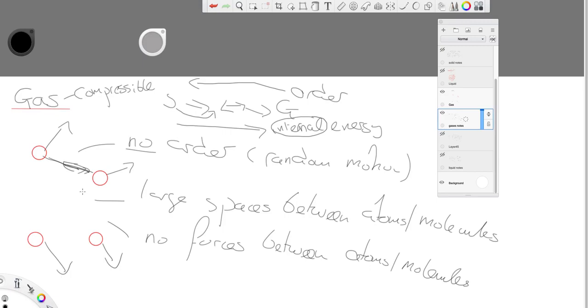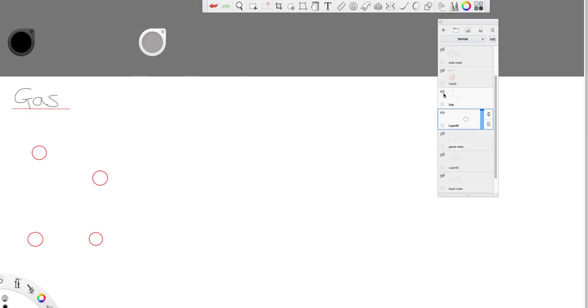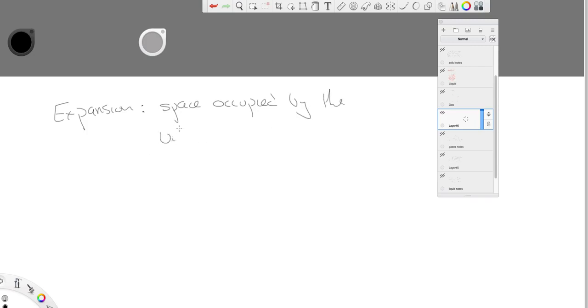Now, another point occurs to me. When we talk about adding thermal energy and solids or liquids expanding, it's really important that you remember that with expansion, it is the space occupied by the vibrating or moving atom or molecule.